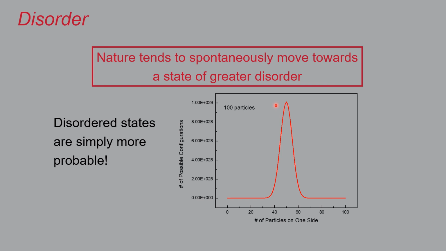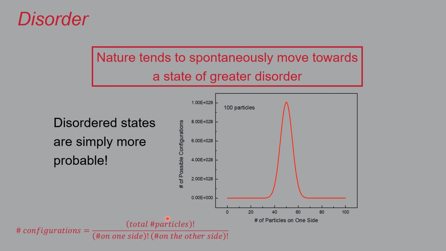And so nature tends to spontaneously move towards disordered states simply because they are more probable and those are the most likely that you are to observe. And if you are at all interested, here's the math. For this system, the number of configurations is equal to the total number of particles factorial. That's what that exclamation point means. What that means is multiplication of that number by every integer below it.